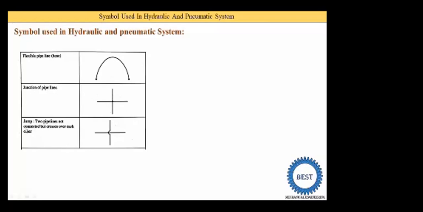Now the next one is the jump. Jump means two pipelines are not connected but cross over each other. Two pipes are not connected like a junction, but here one pipe is there, and over or below it another pipe passes. So we draw these curved lines, so they are not connected. From this pipe one fluid is flowing and from this pipe some different fluid is flowing, in different directions.